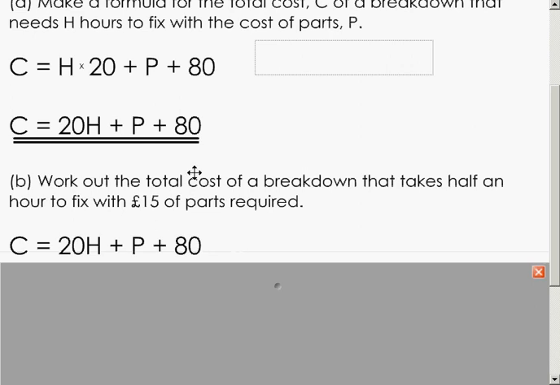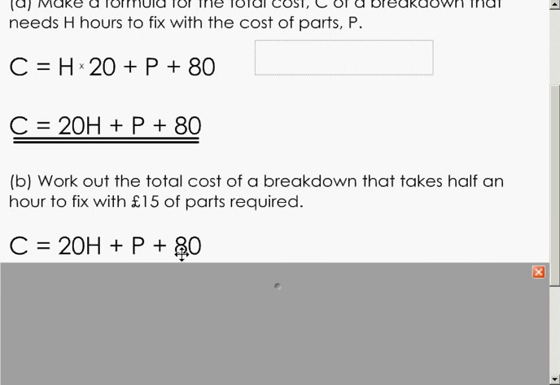So first of all, we want the total cost C. We know that this particular job takes half an hour. So H represents the number of hours. Half an hour is 0.5. We want to add on P, the price of the parts, or the cost of the parts, which in this case is £15.